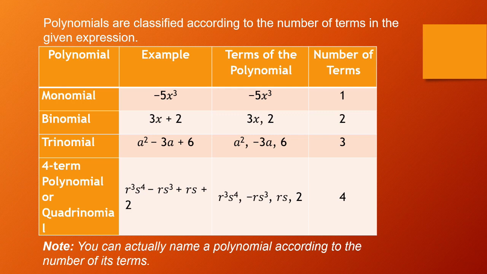So what are the terms? r³s⁴, −rs³, rs, and 2. So now the number of terms is 4. You can actually name a polynomial according to the number of its terms.